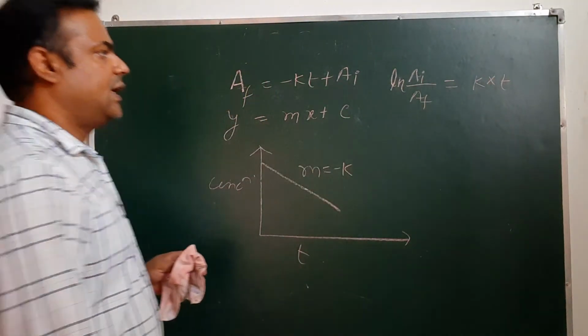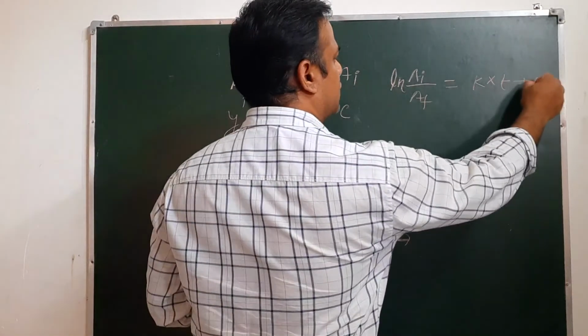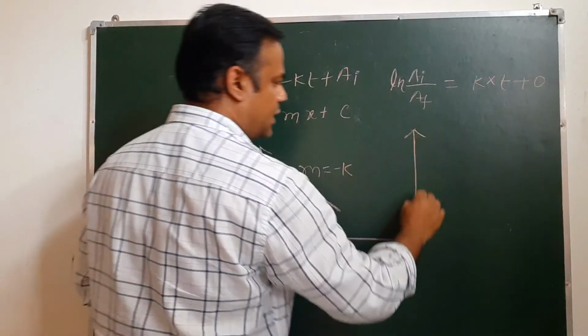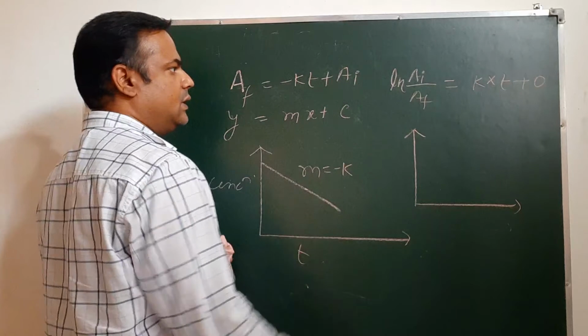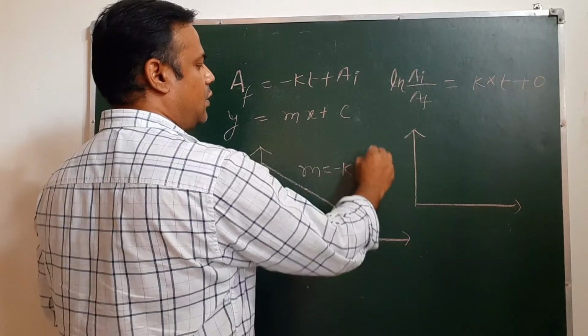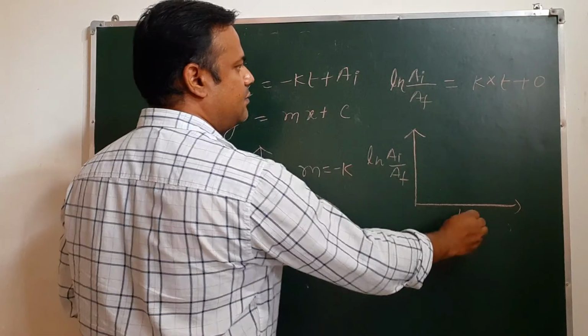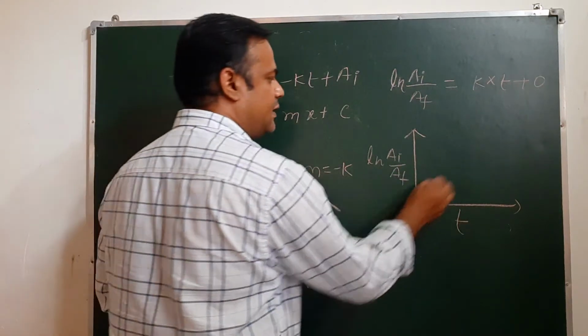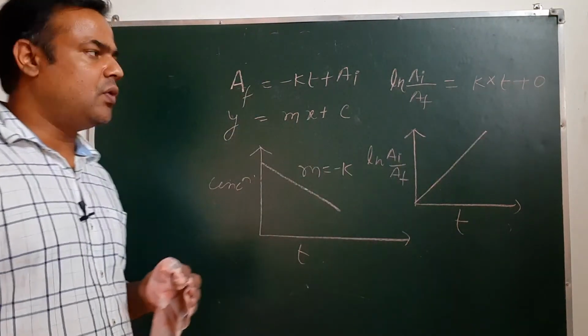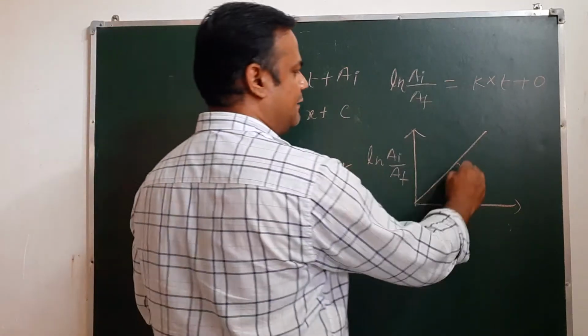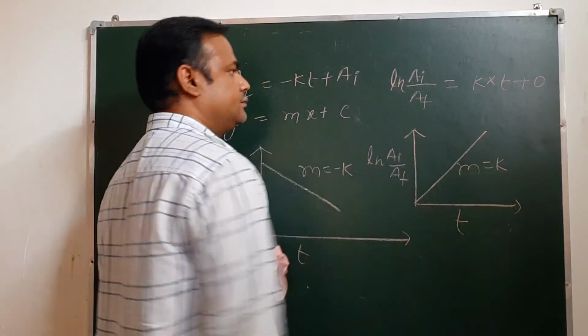So if we plot the graph, again it is y equals to mx plus c. So if we plot the graph of ln A initial upon A final versus time, then we'll have graph a straight line passing through origin where slope m will be equal to k.